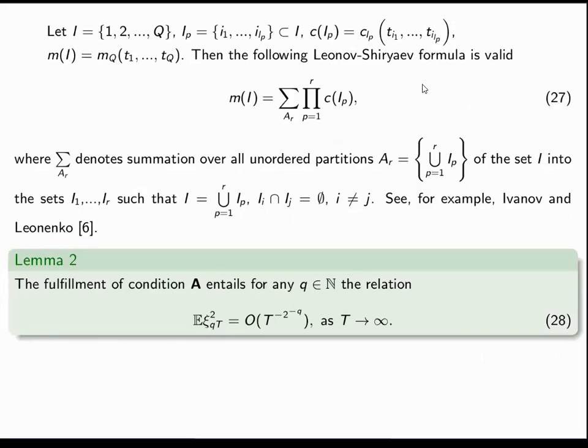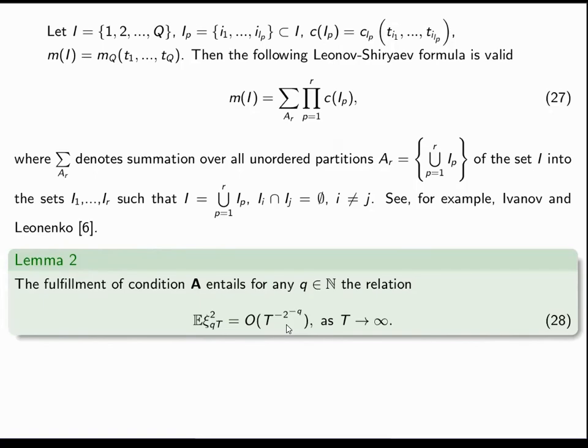Okay, here we introduce the Leonov-Shiryaev formula. For more detailed information, see the book of Ivanov and Leonenko. Next, we are going to prove lemma 2. So the fulfillment of condition A entails, for any q in N, the relation 28.